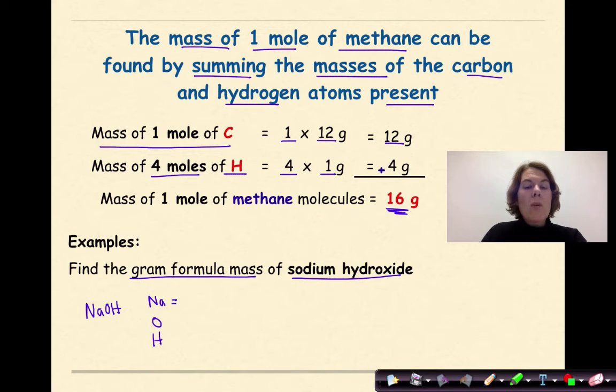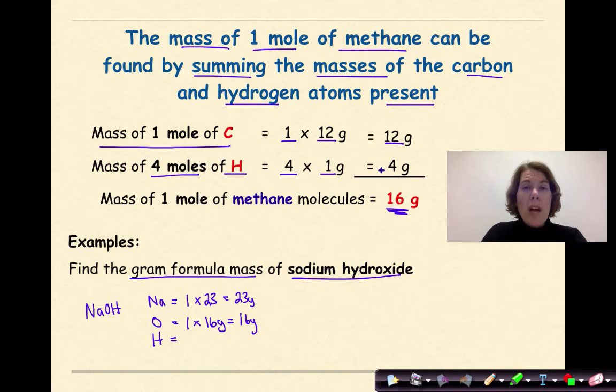When I look at this formula, I can see that I have 1 Na, and the atomic mass of sodium is 23. So 1 times 23 is 23 grams. I have 1 oxygen, so 1 times 16, because the atomic mass is 16, so that's going to be 16 grams.